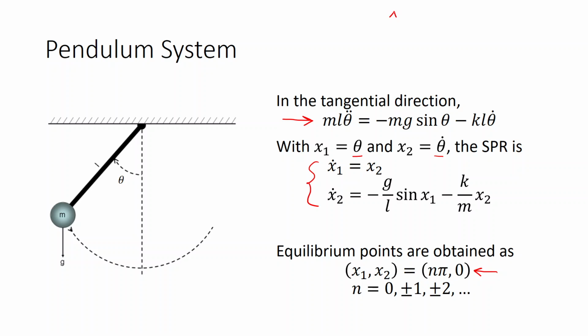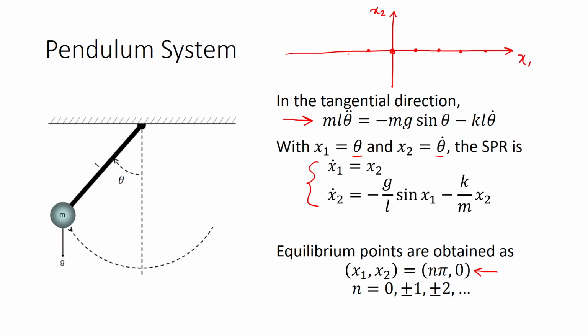If you basically look at the state space, this is x1 and this is x2. x2 is 0, so this is the equilibrium point. x1 is also 0 here, so if n is 0, this is of course an equilibrium point, the origin. However, there are so many other equilibrium points here.